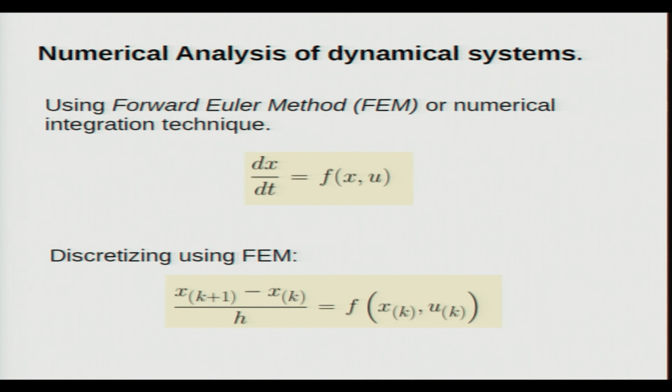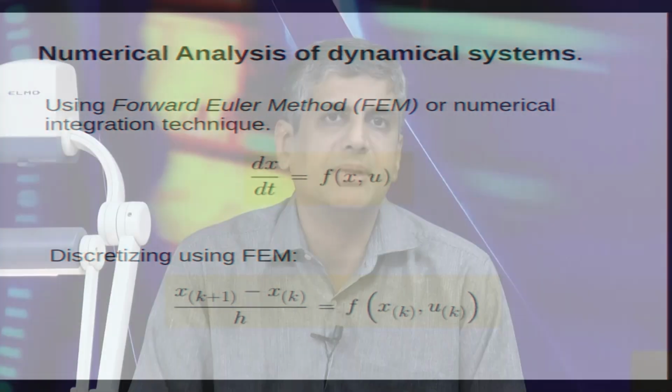You assume that this differentiation is done approximately. So, dx by dt is replaced by (x_{k+1} minus x_k) by h, where h is a very small time interval, we call it time step, and f is in fact evaluated at the kth interval. So, if you know the value of x and u at the kth instant, then you can easily compute the value at the (k+1)th instant.